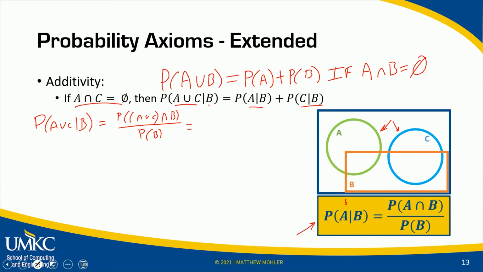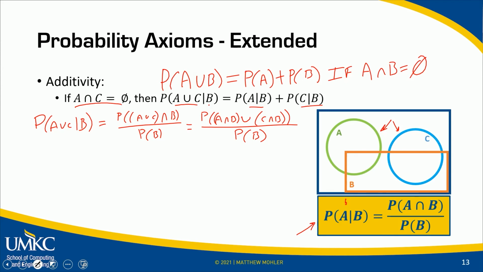Now, by the distributive property, this is equal to the probability of A intersected with B, unioned with C intersected with B, and again, all of that over the probability of B. What we have on top is just our basic additivity axiom.